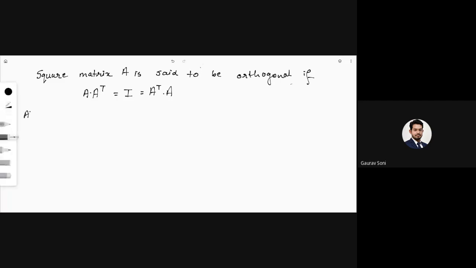Also, for an orthogonal matrix, A inverse, as someone said earlier, is equal to A transpose.